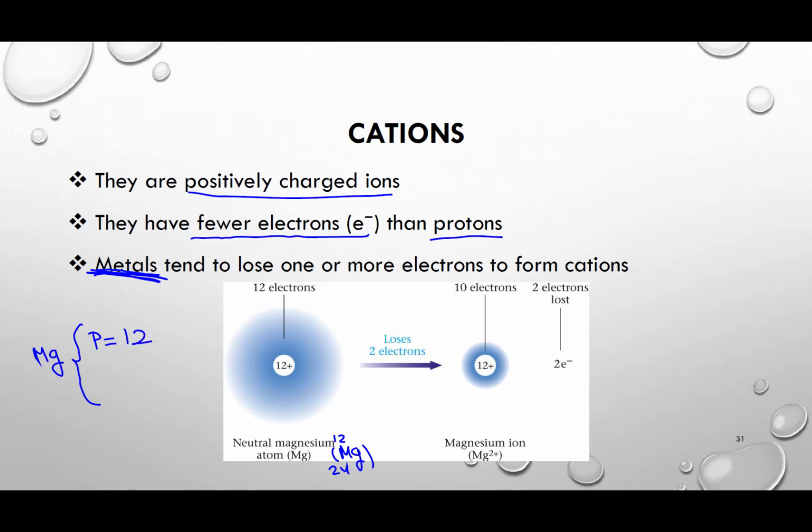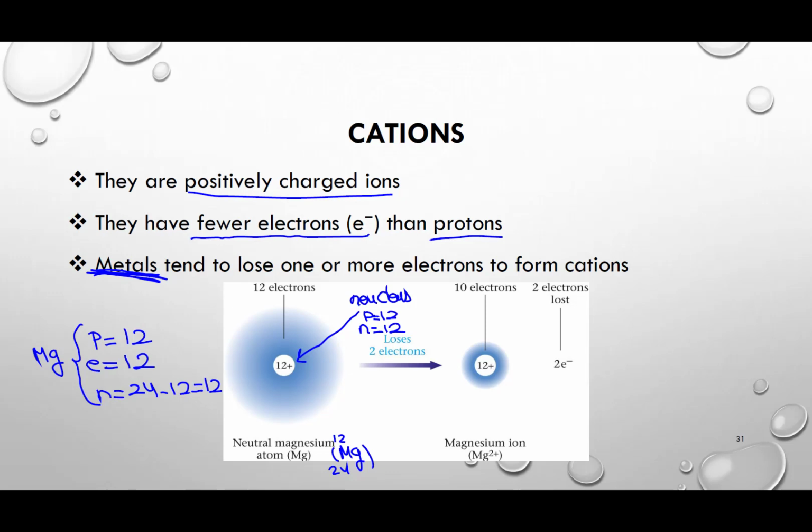Since it's neutral, its number of electrons is also 12. Its neutrons are 24, which is the mass number, minus the atomic number of 12. Right inside the nucleus, the protons are 12 and the neutrons are 12. Right outside the nucleus is the electron cloud, and as you can see, it has 12 electrons.